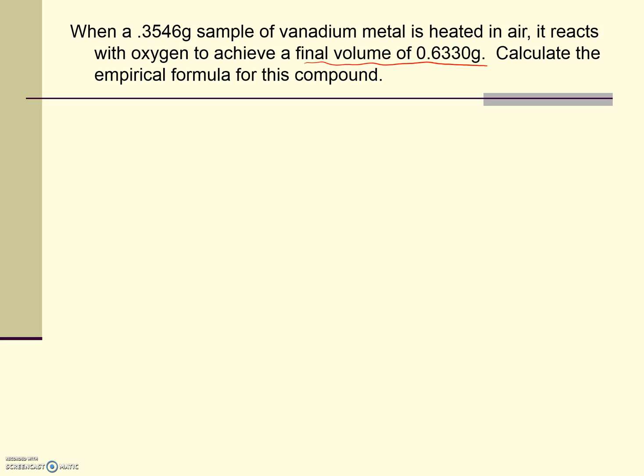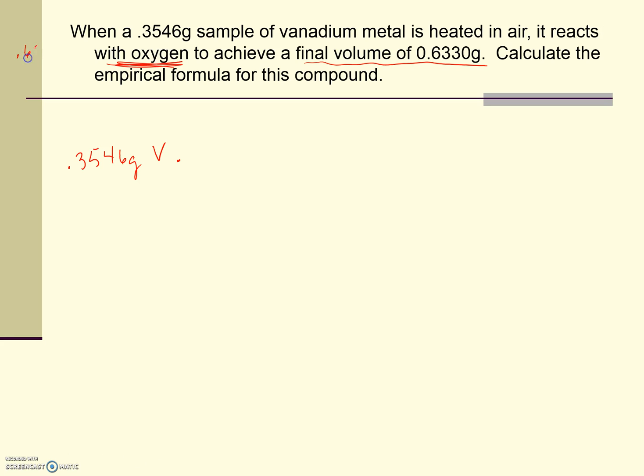So, I have my grams. First is to find my mass of each element. So I have 0.3546 grams of vanadium. That's good. But I have the final volume, and I know that it's reacting with oxygen, so I need the mass of oxygen. So I actually need to do a little subtraction problem, which I'll do up here off to the side.